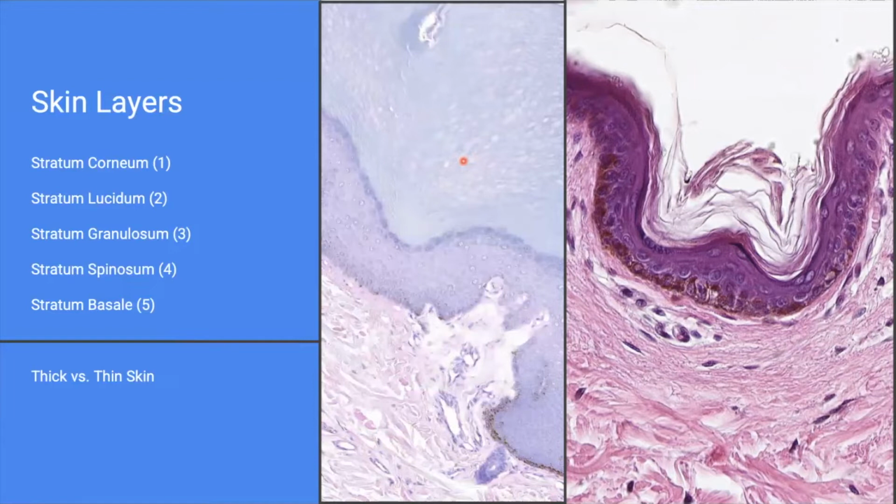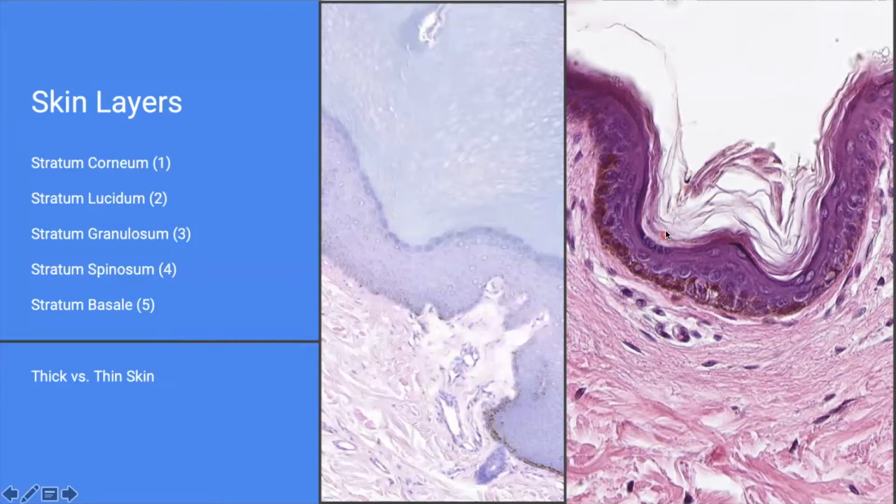So thinking of that structure function relationship, where might you find thick skin? Well, in areas where you are going to come into a lot of friction forces. So specifically the palms of our hand and then the soles of our feet is where you find thick skin. Thin skin is found pretty much everywhere else in the body. So if you were to take a sample, like a biopsy of skin from, say, the abdomen, this is probably what it would look like.